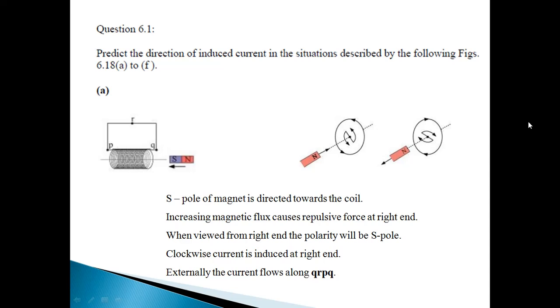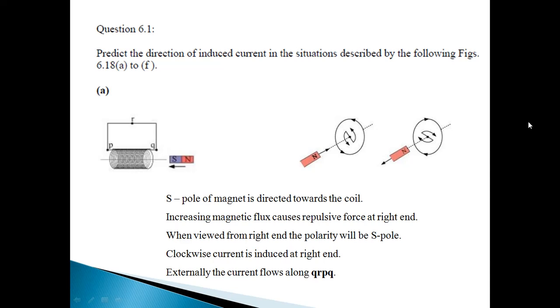And you can see the diagrammatic representation of Lenz's law. When north pole is directed towards the coil, we see there is an increase in magnetic flux and there will be a repulsive force. A north pole will be induced in the coil and current will be in the anti-clockwise direction.